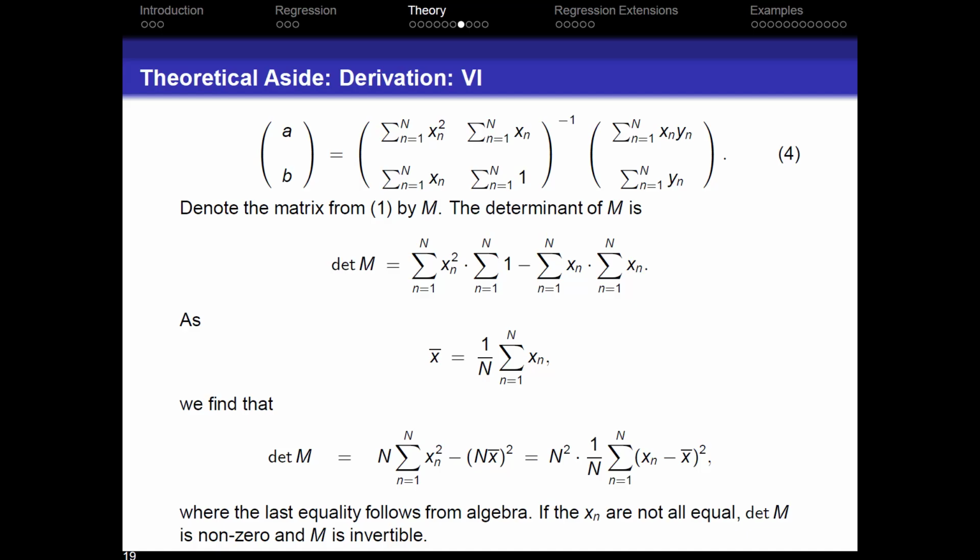It's the expected value of xi minus the mean squared, or it's the second moment minus the square of the first moment. That's how I can do this algebra and say, oh, it's just the sum of xn minus x bar squared. So the only way this matrix is not invertible is if the determinant is 0. And the only way the determinant is 0 is if the sum of xn minus x bar squared is 0. What's the only way a sum of squares can be 0?